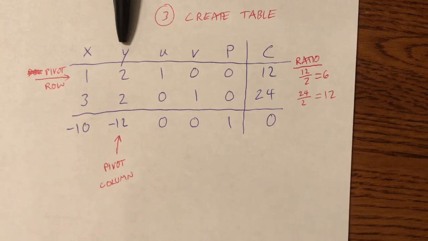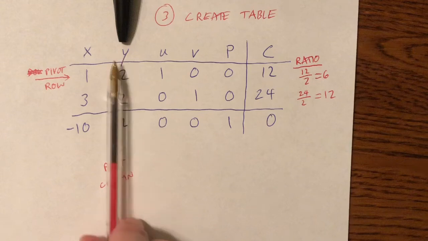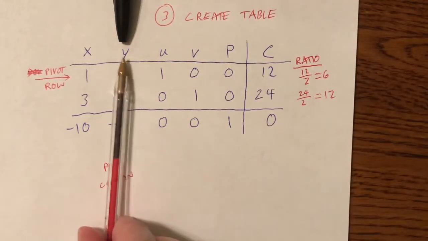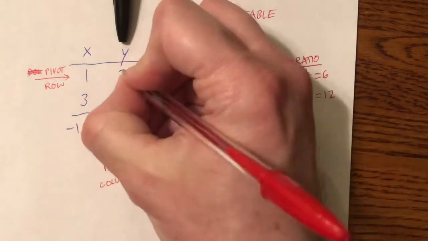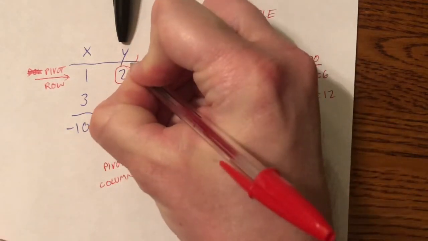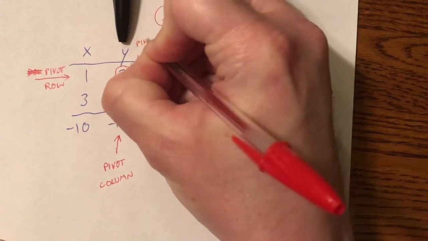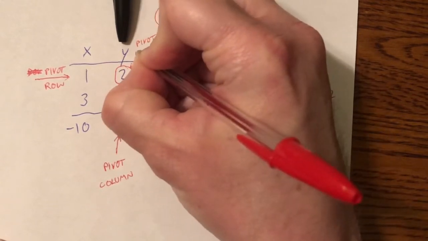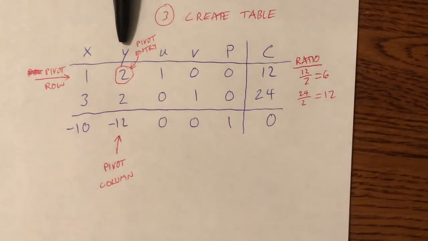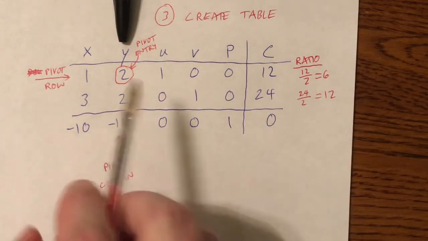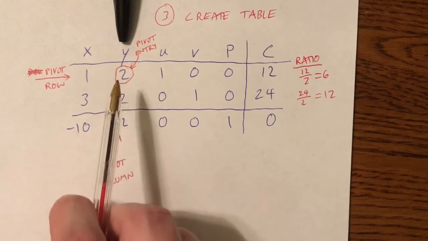The reason why we came up with our pivot column and then our pivot row is that the intersection of the column and the row will generate what is called our pivot entry. So the first part of the process of the simplex method is to come up with your first pivot entry.